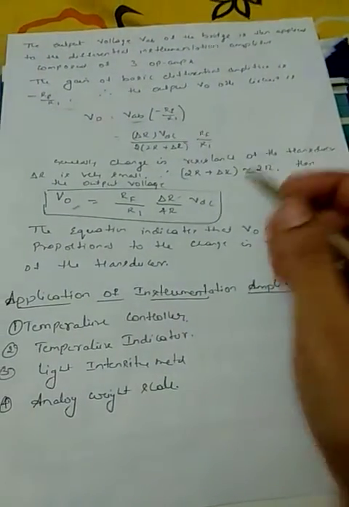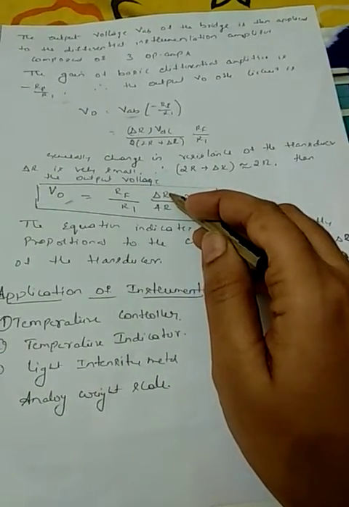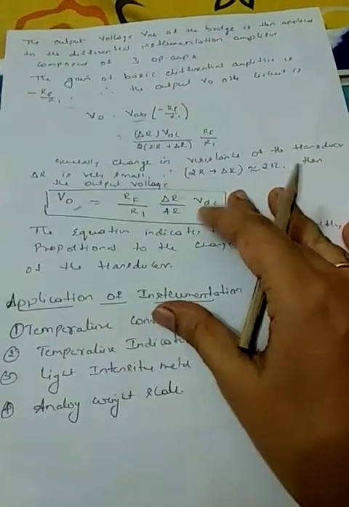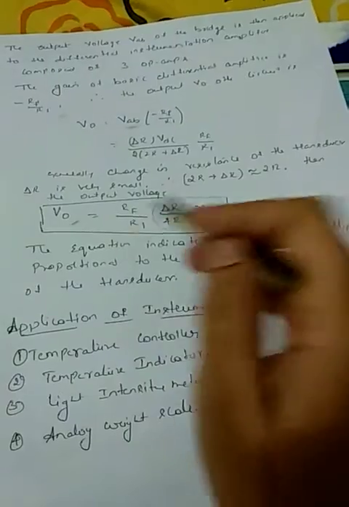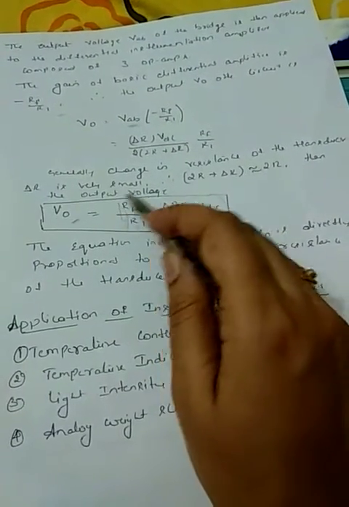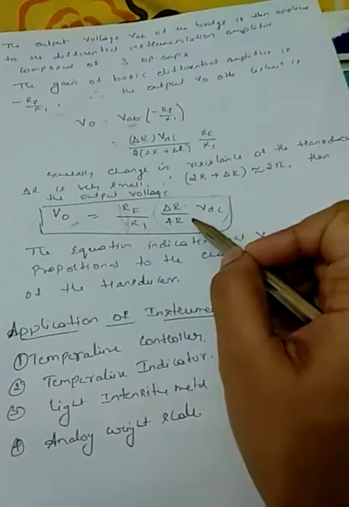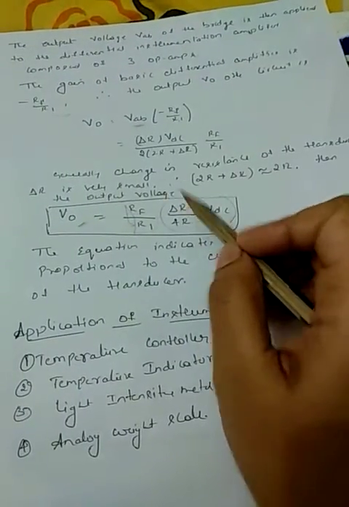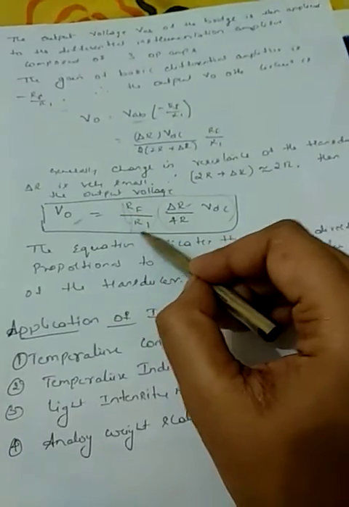The signal, that is V0, will get amplified. RF divided by R1 is the gain of the amplifier. So the change in delta R will change V0 by the gain of the amplifier times.